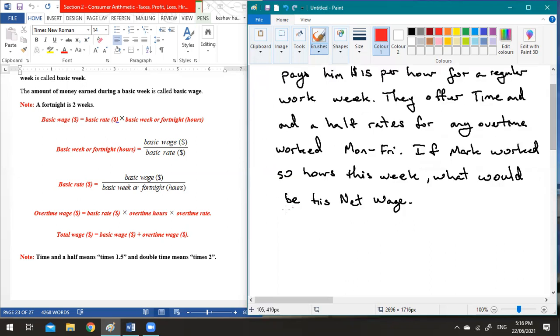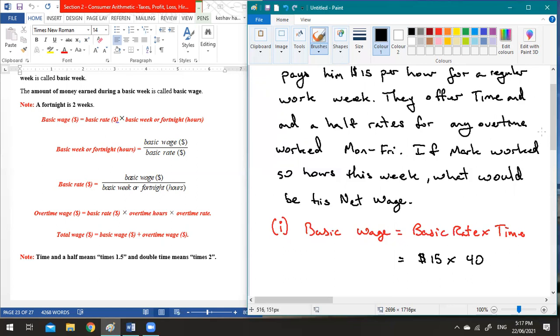The first part you'll have to work out is his basic wage. His basic wage, again, is the basic rate by the basic time. In this case, it was $15 by 40 hours.